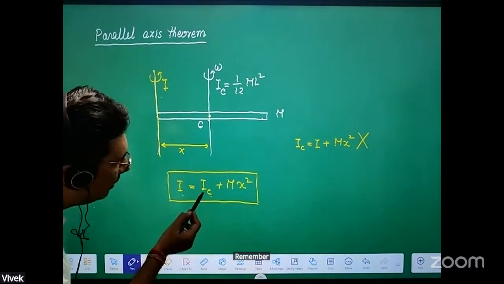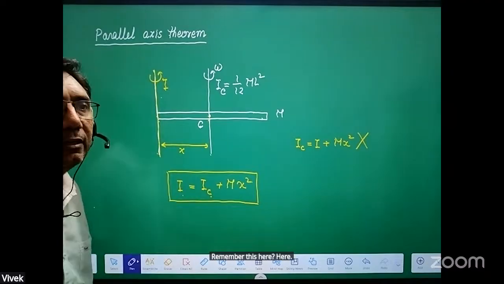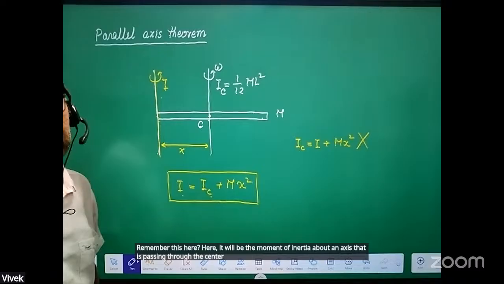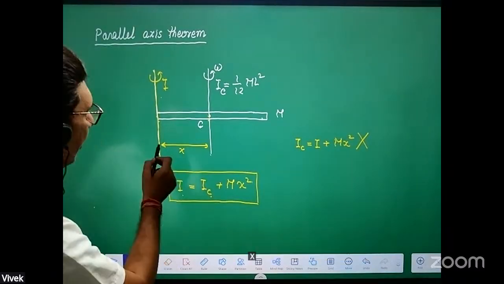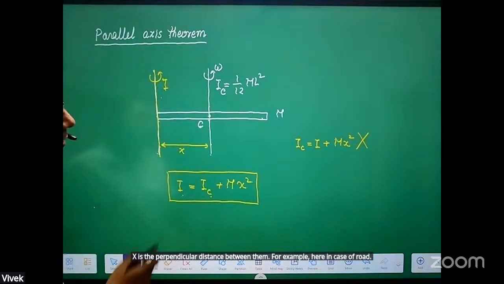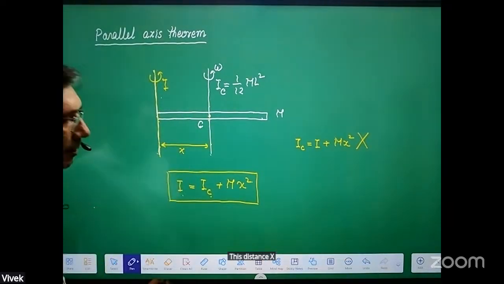Remember this here. Here it will be the moment of inertia about an axis that is passing through the center of mass. X is the perpendicular distance between them. For example, in case of a rod, this distance X will be L/2.